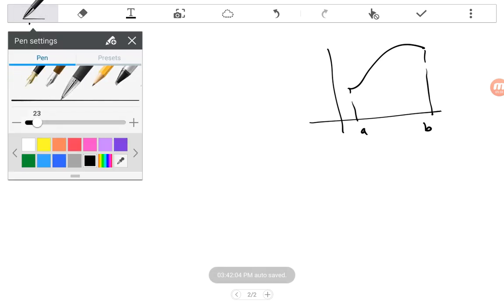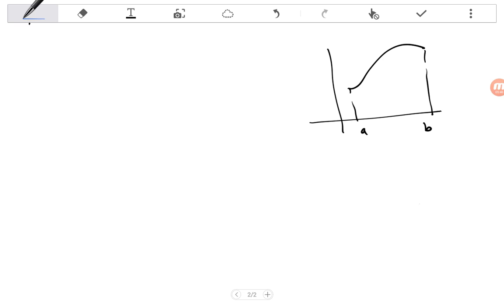I don't have a formula for a curve. We know, for example, the area of a trapezoid, a rectangle, a circle. We have formulas for these geometrical shapes, but for an arbitrary curve like this, we don't have a specific formula. So how would we find that area under the curve?